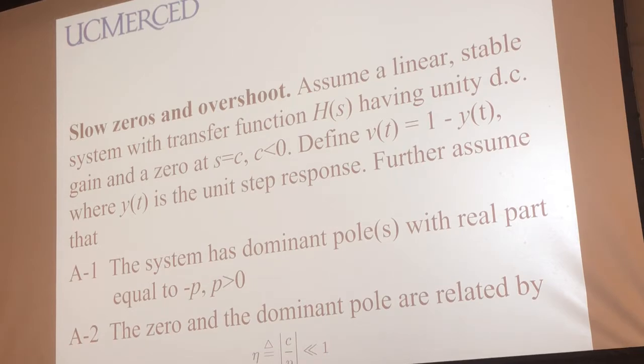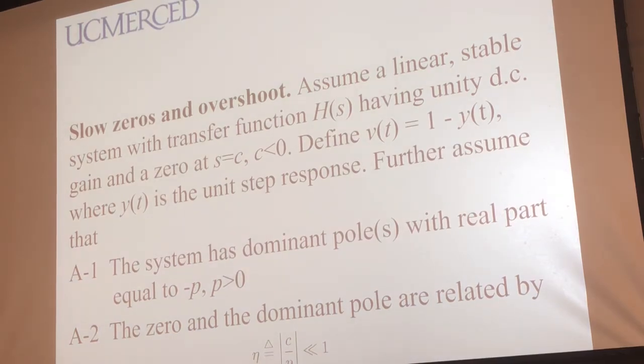Then when s is C, that is the zero. If the zero is on the left half plane, with C less than 0, then 1 minus y(t), where y(t) is the unit step response, is the error.